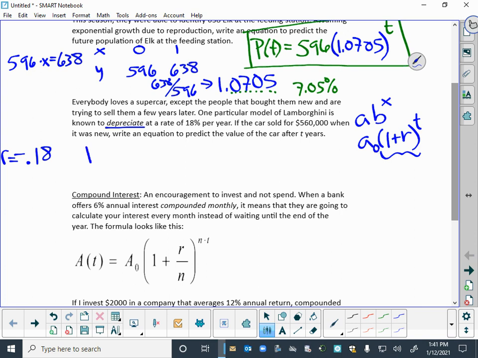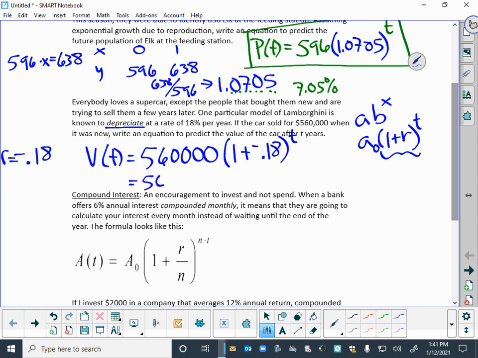So the value of our Lamborghini after T years is going to be the $560,000 that we paid for it new, or somebody did, times 1 plus negative 0.18 raised to the T power.